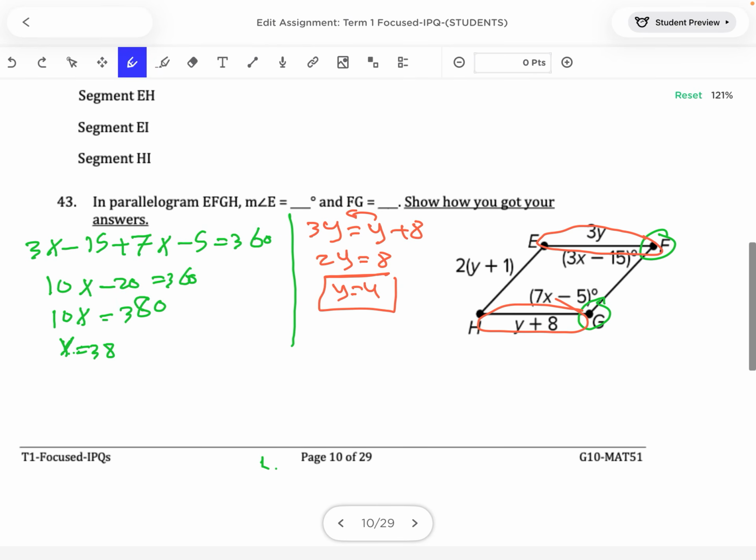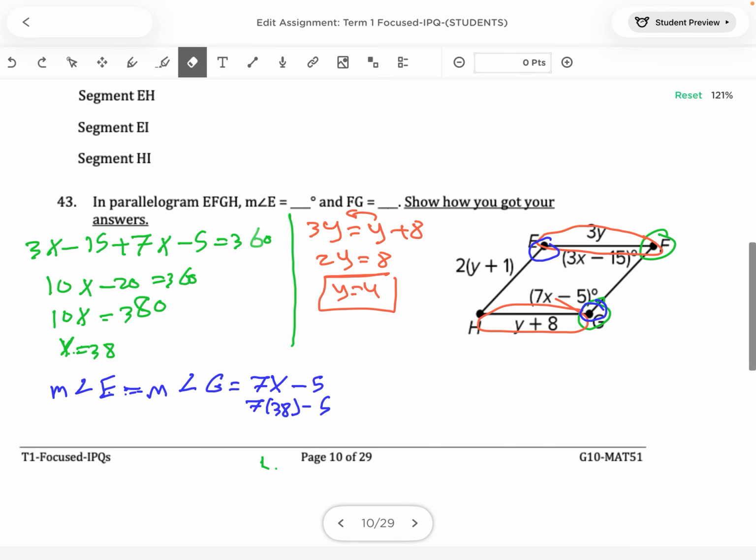Okay, what does the question need? The question needs measure of angle E. Angle E is opposite to angle G, that means they are equal. Which is 7x minus 5, which is 7 times 38 minus 5. 261.